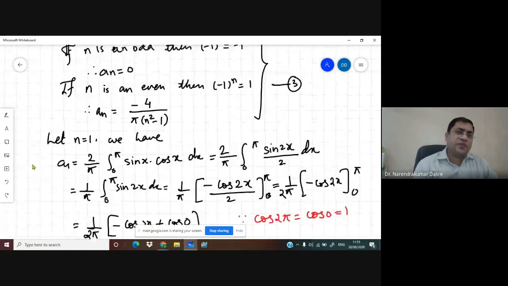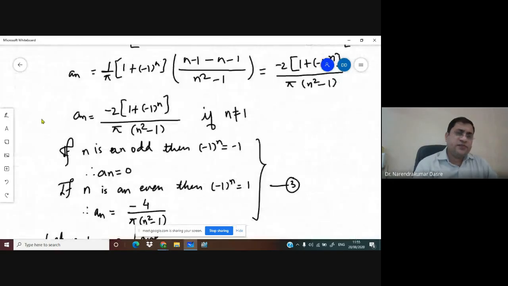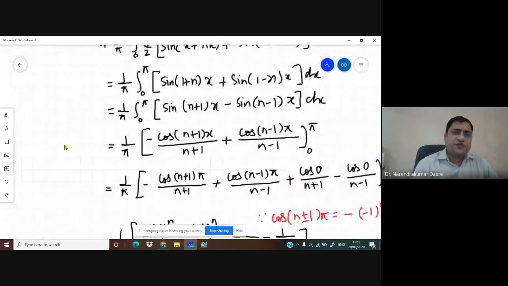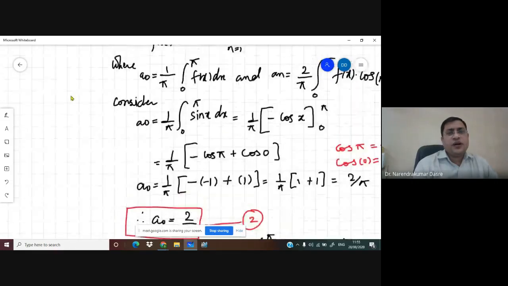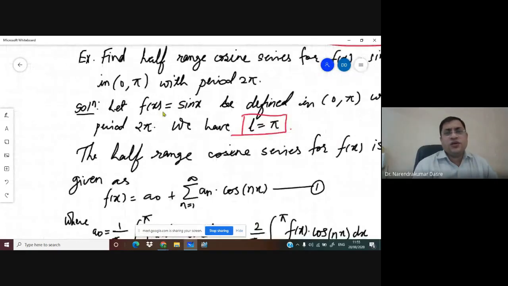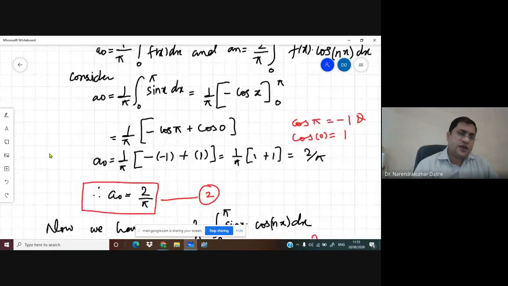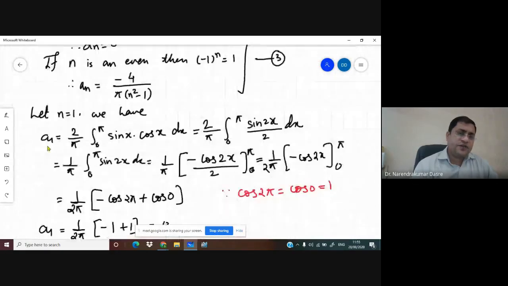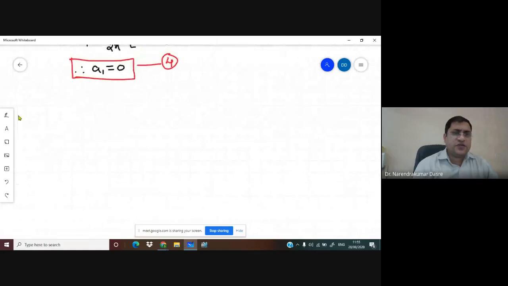Okay. Now we can see we got the value of An, we got the value of A0, and so we are able to write down this half range cosine series. So let us write this half range cosine series.